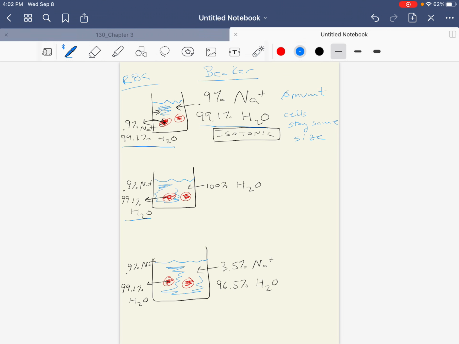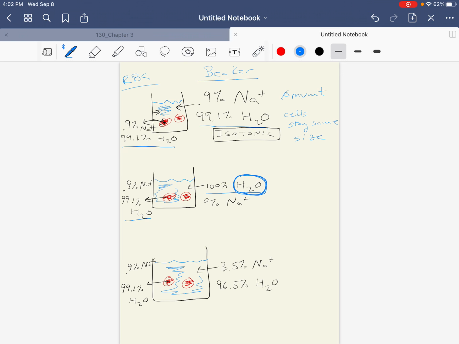Okay, next example. Here we still have 0.9% sodium and 99.1% water. But now, outside of the cell, we have 100% water, which is 0% salt. Now, when talking about diffusion, we're going to want to focus on the water because there is always more of it.